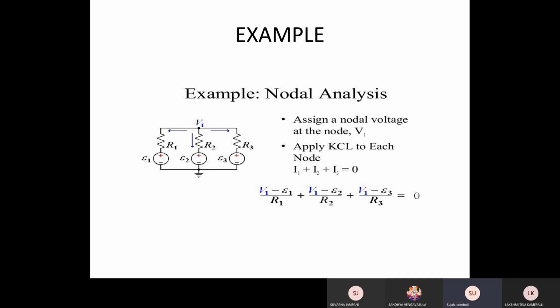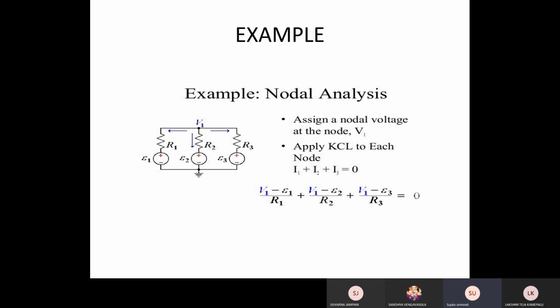But there is another voltage source here. So for that I am writing V1 minus E1 by R1, depending upon the polarities, plus V1 minus E2 by R2 plus V1 minus E3 by R3 is equal to 0. Like that you have to mention.